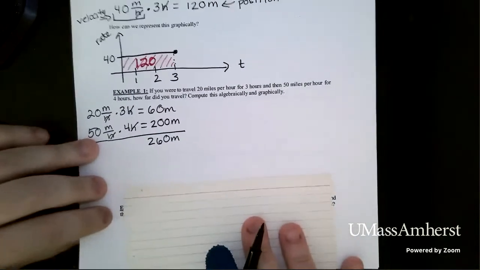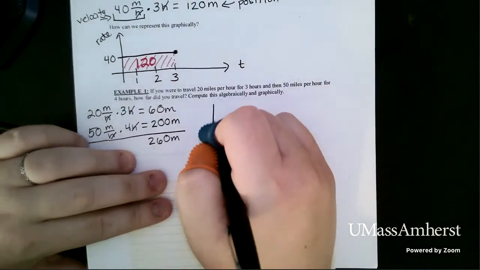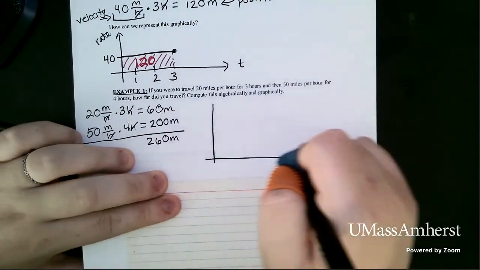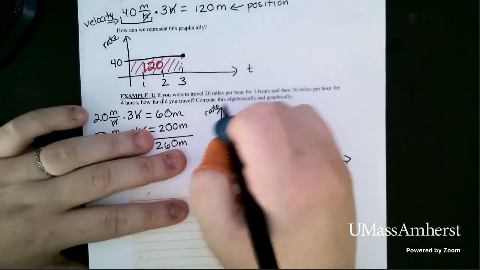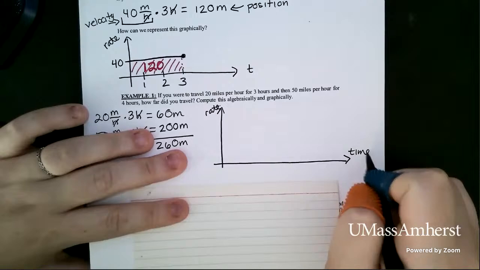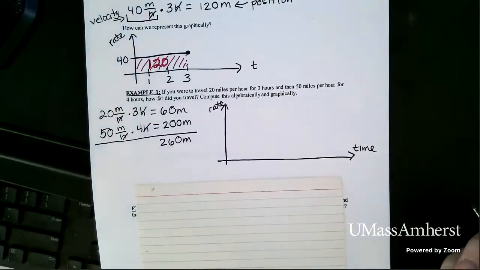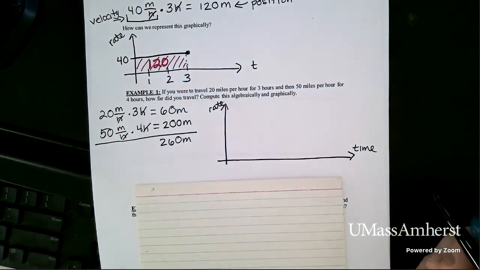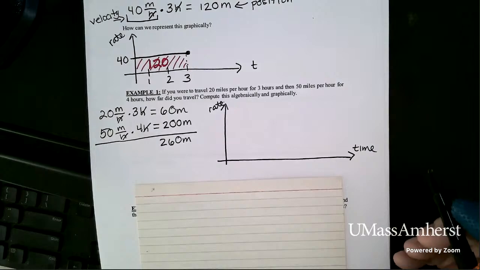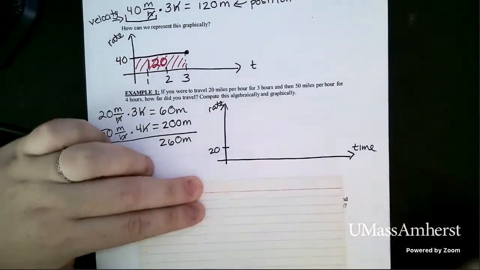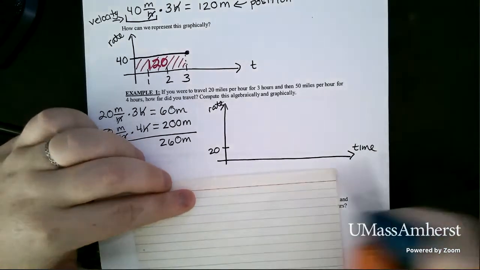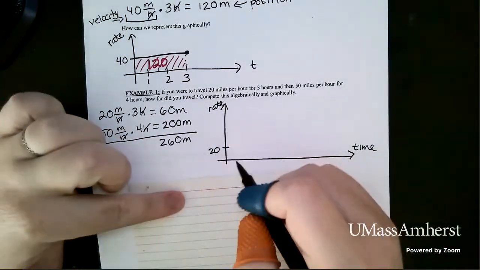If we want to try graphing this, okay, we have our rate, and we have our time. And again, both of our rates here are constant rates. Like when we're going 20 miles per hour, that's a constant number the whole time. Same thing for 50. So let's say 20 is here. So 20 miles per hour, and we do that for 3 hours.